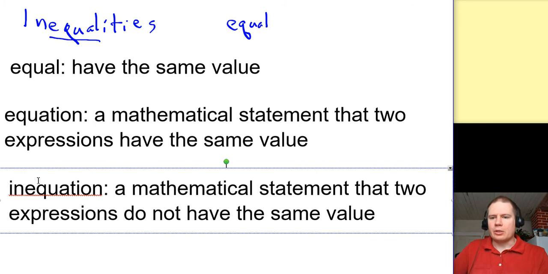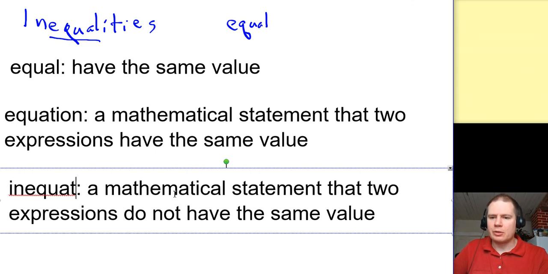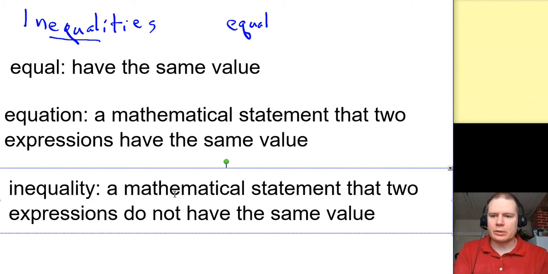Right? So if we're talking about mathematical statements that two expressions do not have the same value, they should be called inequations. But for reasons that I've not been able to figure out in my history of mathematics, inequality is the word that we use.